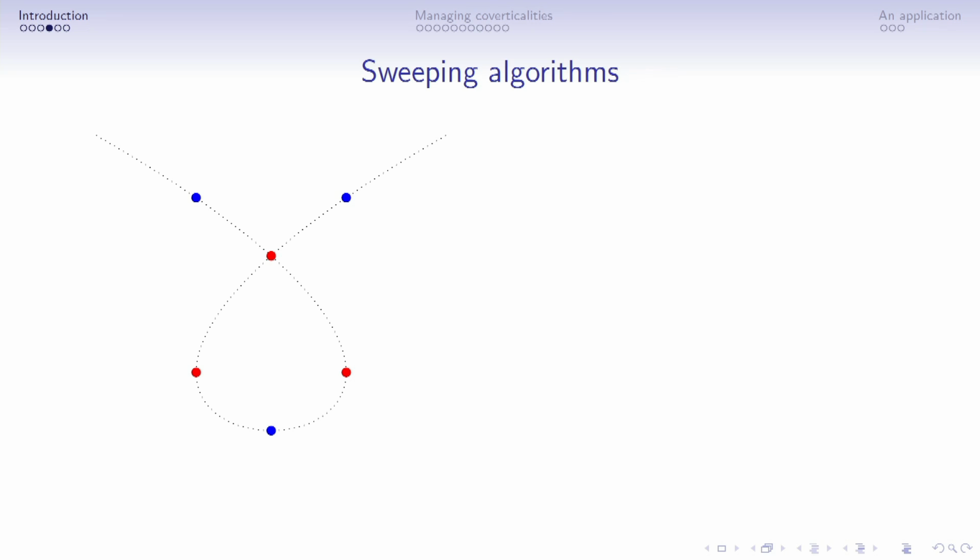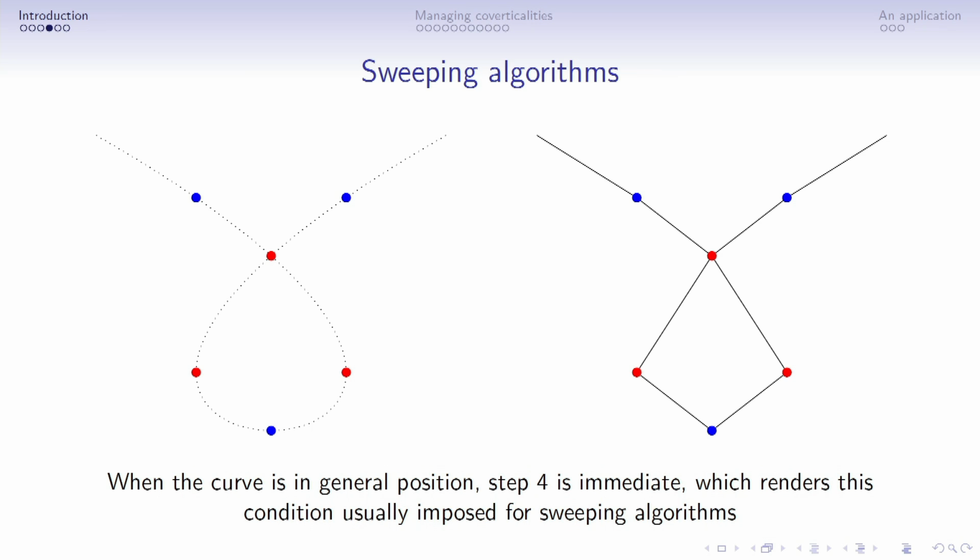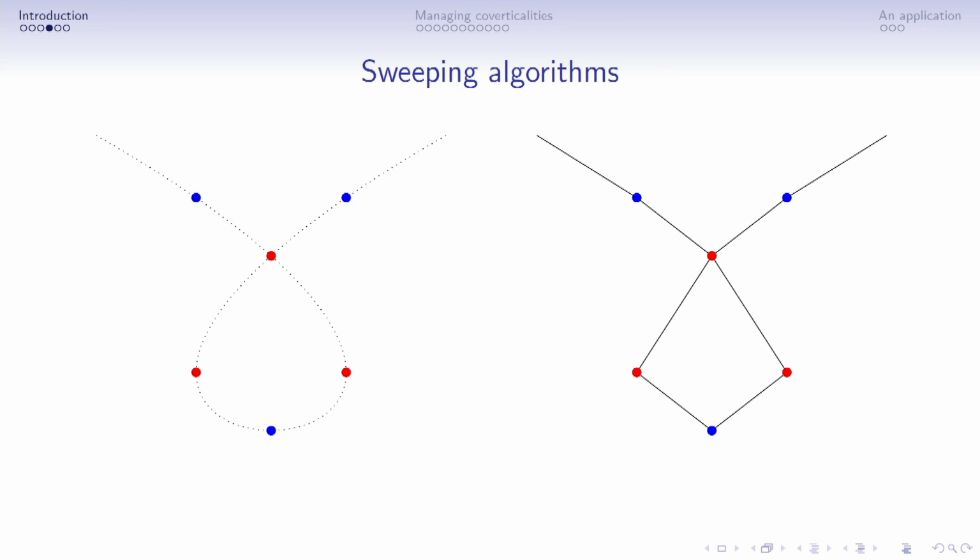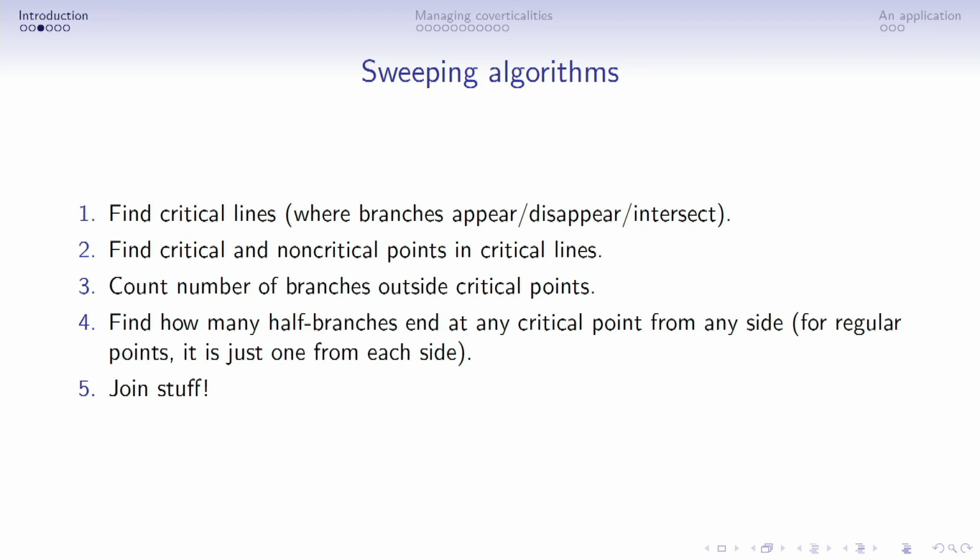When the curve is in the so-called general position, this means I don't have too many critical points in the same vertical line, this step 4 is automatic.